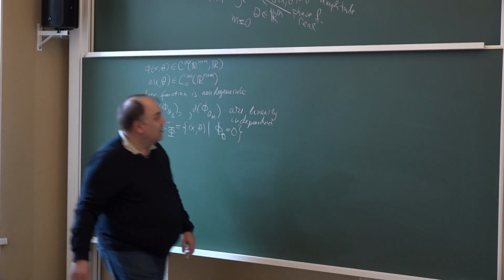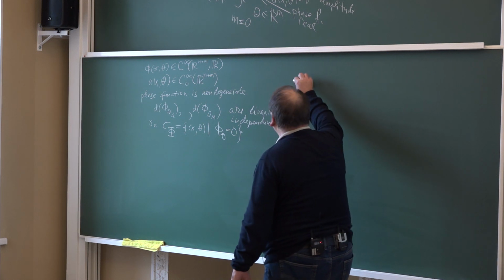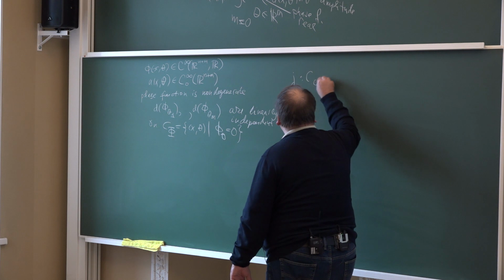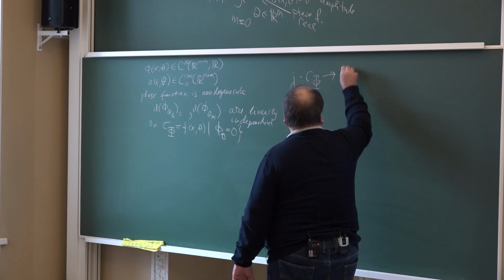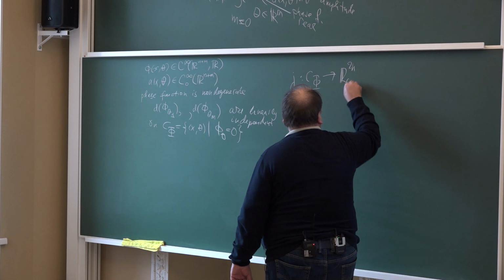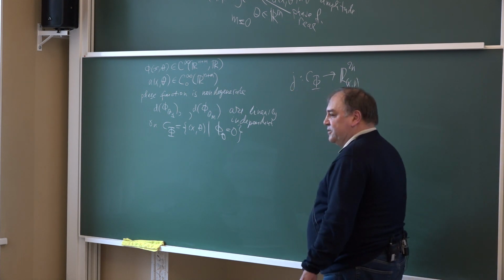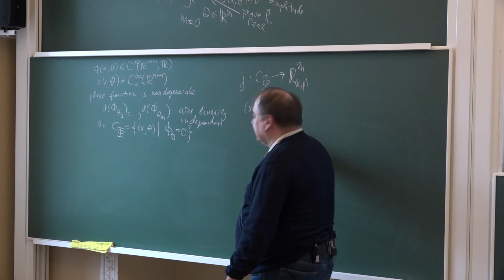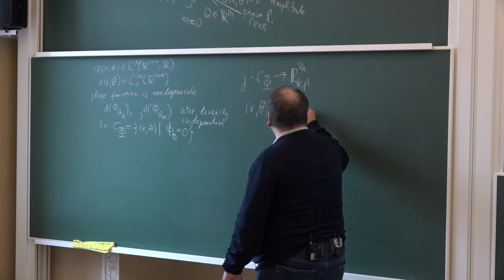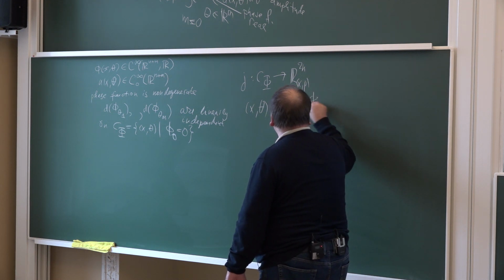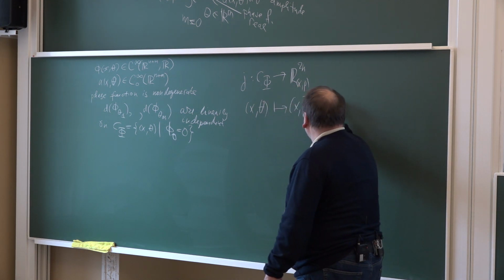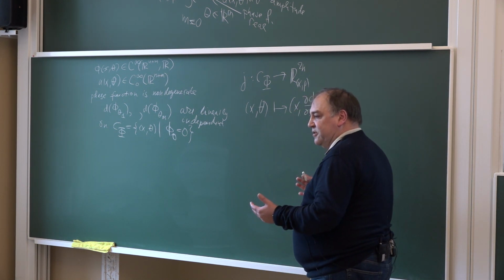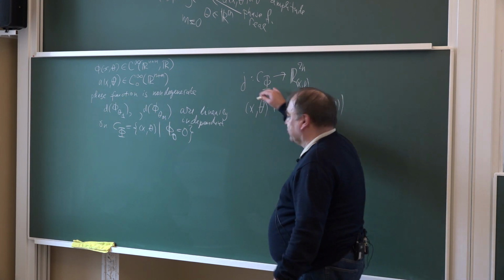And we can construct a mapping, let me denote it by J, from C phi to R to the 2N in x, p, which acts as follows. It takes any point x, theta to the point x, d phi over dx of x, theta. Of course, it is defined for all x and theta, but I only restrict this to C phi.